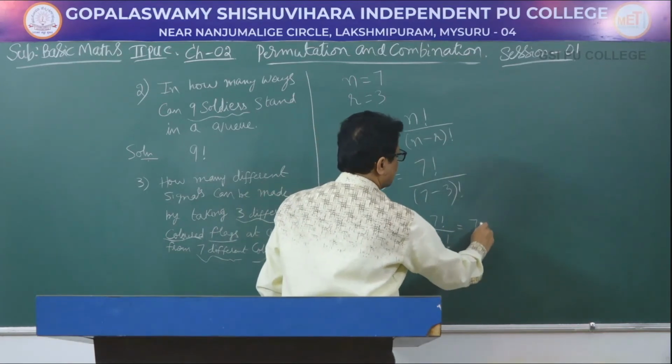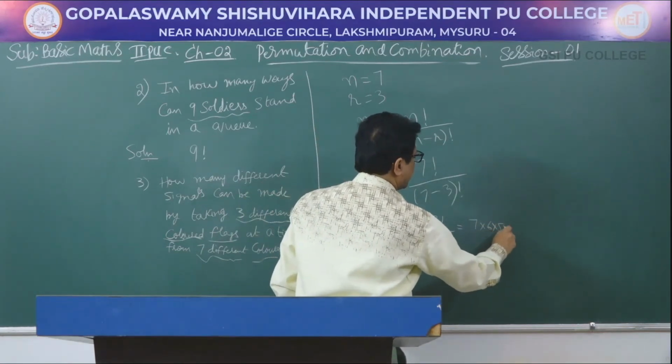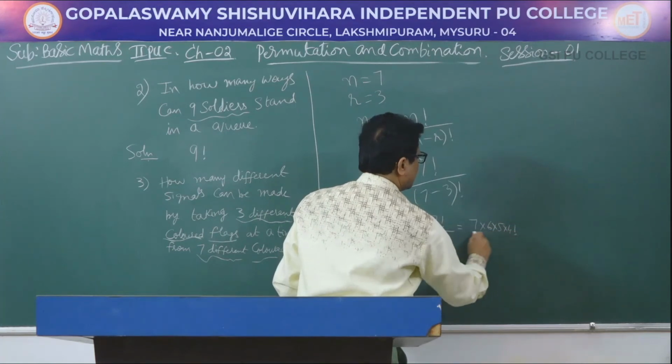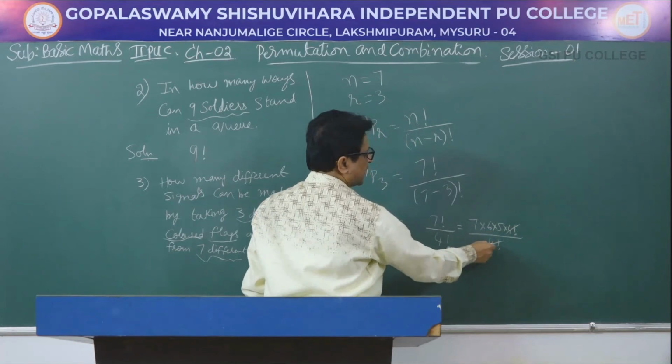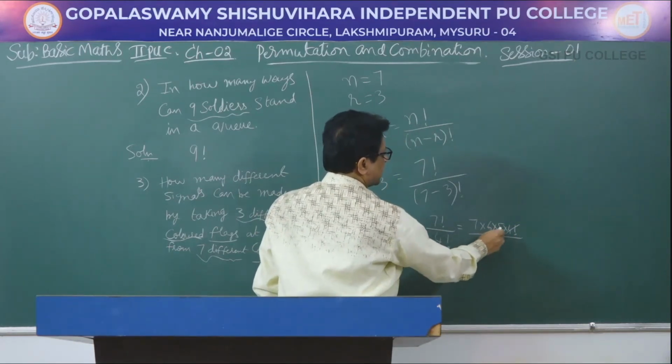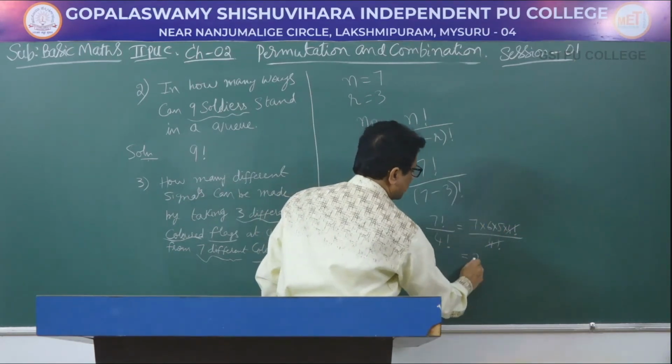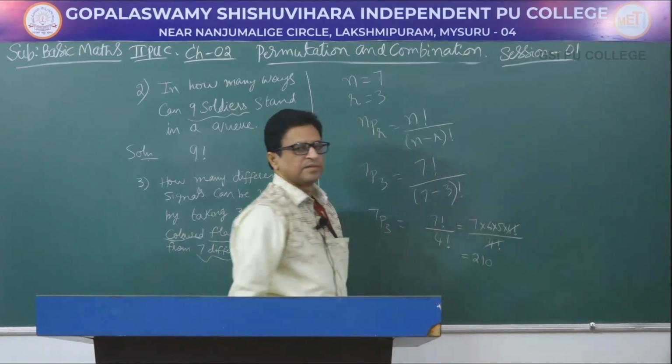That will be equal to 7 into 6 into 5 into 4 factorial divided by 4 factorial. 4 factorial and 4 factorial will get cancelled. So 6 5s are 30, 30 into 7, 210.